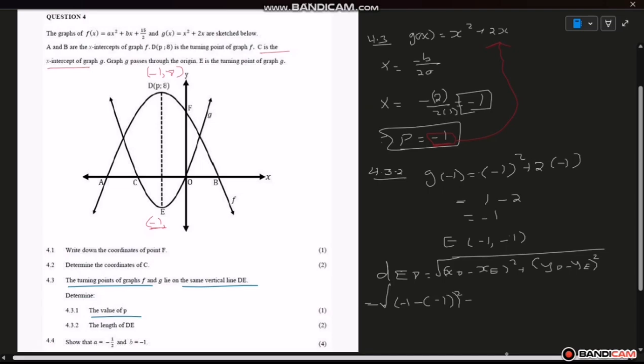Do not forget to put the other bracket before putting the squared, plus yd, which is 8 minus 1 squared. Then everything is under the square root, remember. Therefore, you can use your calculator to tell us the answer. So that will be the distance. You actually give the SI units as units.